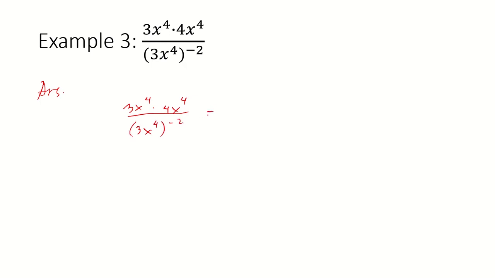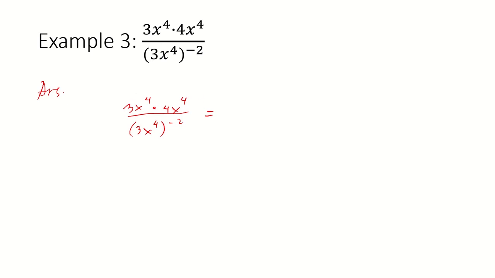Pero I will try to answer it in a different way from what I presented in example 2. So, yung gagawin ko, alam ko na yung 3 at 3x to the power 4 multiplication ang nasa gitna. Okay, sa dalawang ito.